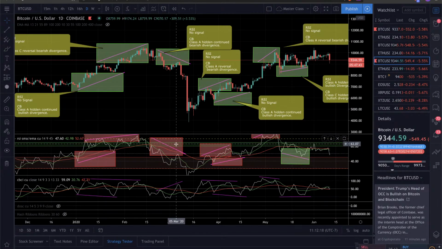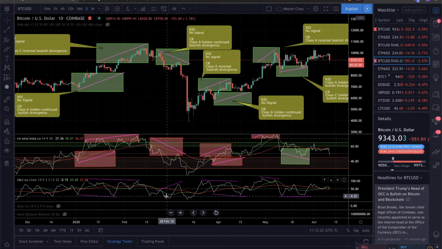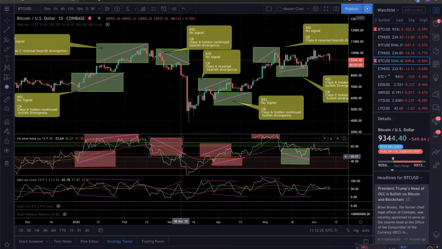So when you compare both of them together, it's just going to complement each other when you're looking at it from a divergence perspective, because not only did you get a signal here as a rejection, but when you complement it with the CB index, right here it's showing a very strong divergence signal for it to play out in regards to continuation to the downside on this particular move.